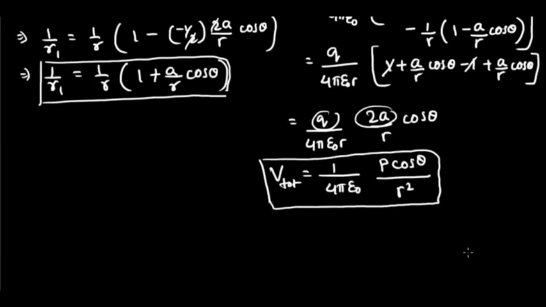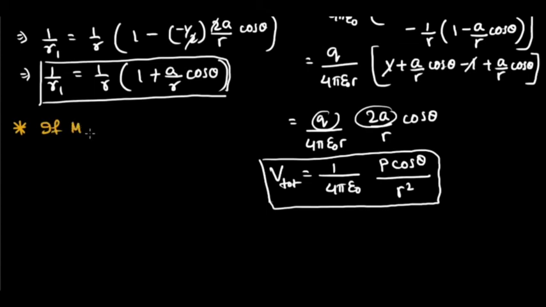So this is the general formula, and from this formula we can also find the value of electric potential at the axial point and at the equatorial point. So how to find the value of potential at the axial point? So let us discuss about the special cases.